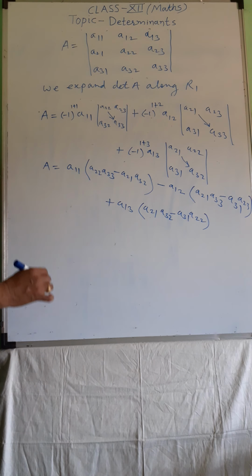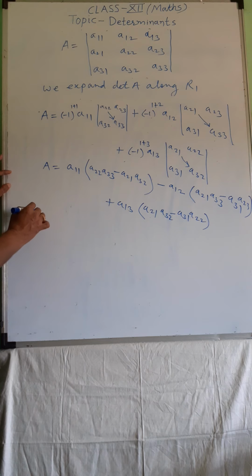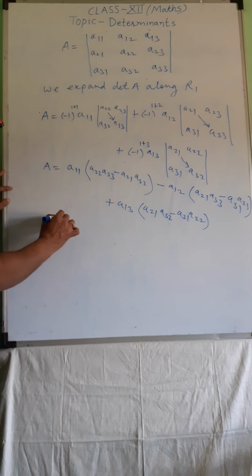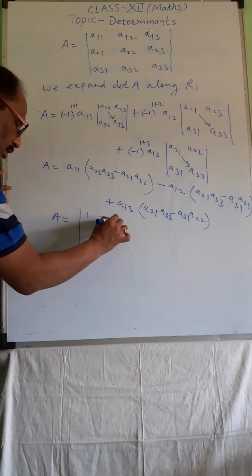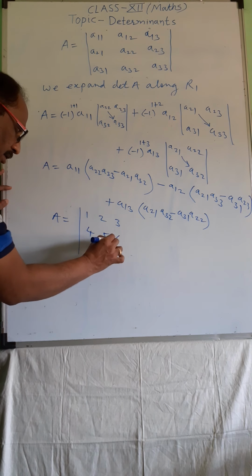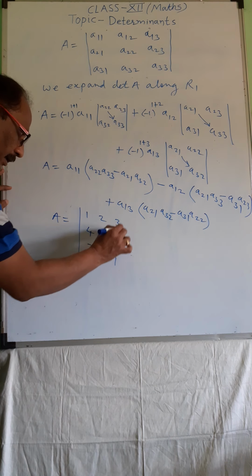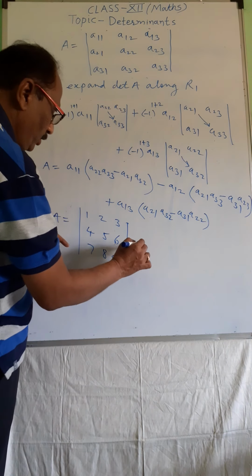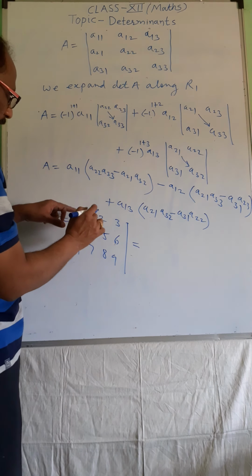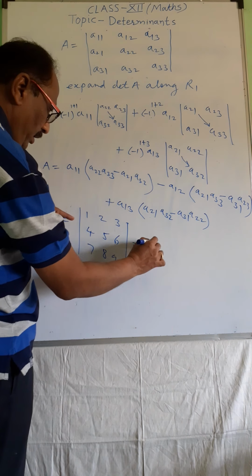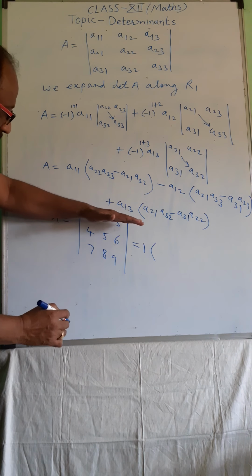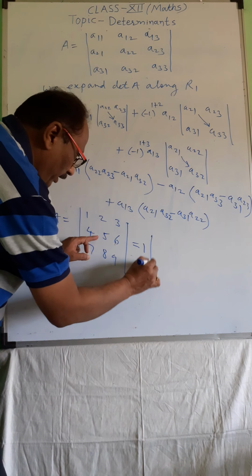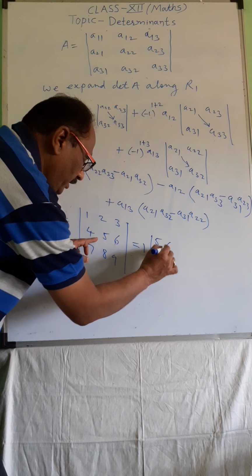Suppose we take any determinant of numbers like this: 1 2 3, 4 5 6, 7 8 9. Then you take the first element, 1. It is minus 1 raised to power 1 plus 1, means plus 1, into, you delete the first row and first column, means the determinant 5 6, 8 9.